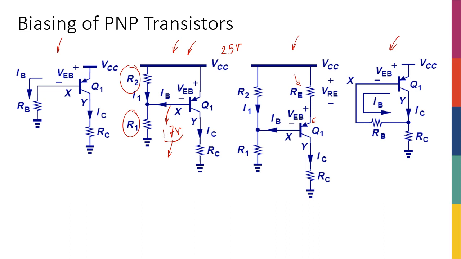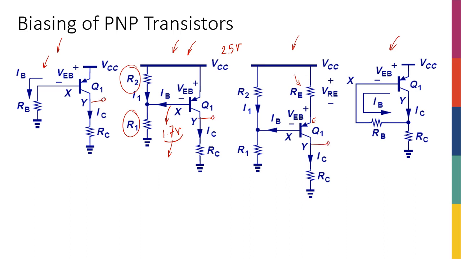As for the simple biasing, it's very similar to the idea that we had before. This time, the emitter is connected to VCC, the collector is connected to ground, and you can imagine that Vout is always coming out of the collector side of the transistor.